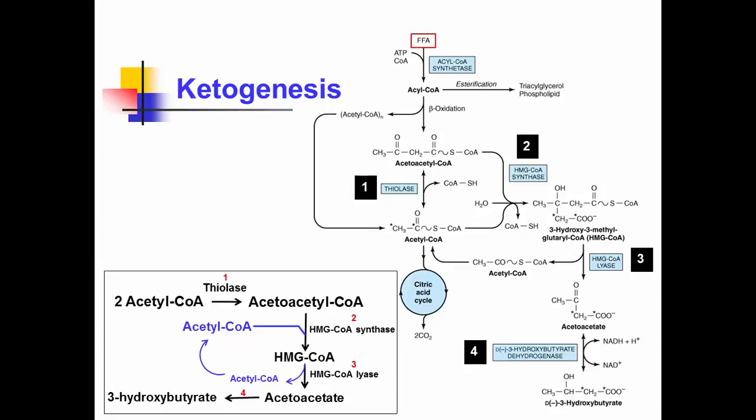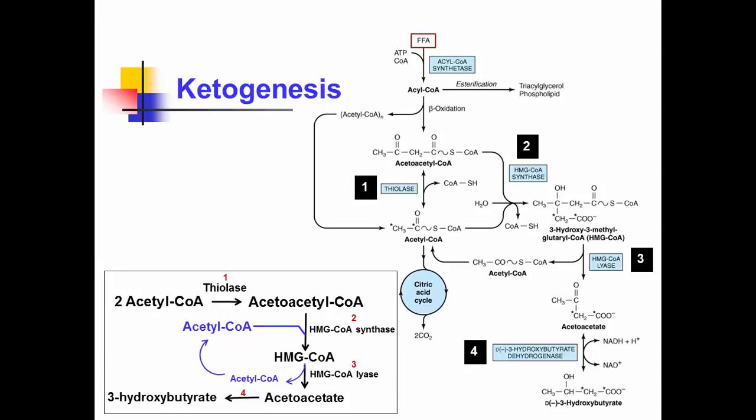HMG-CoA lyase is the enzyme that breaks down HMG-CoA into acetyl-CoA and the ketone body, right? And acetoacetate can be converted to hydroxybutyrate by this enzyme.